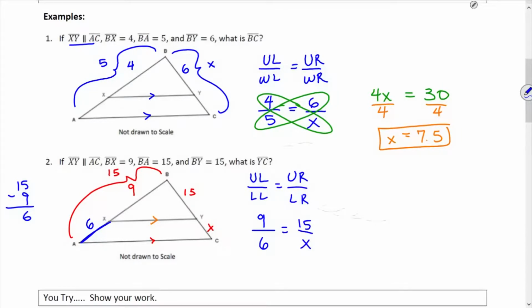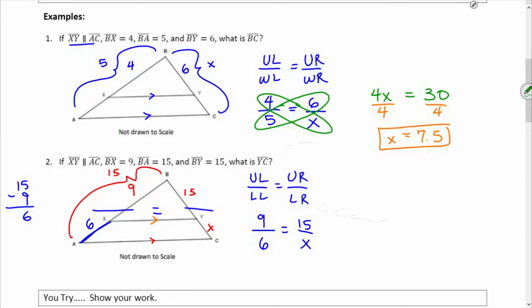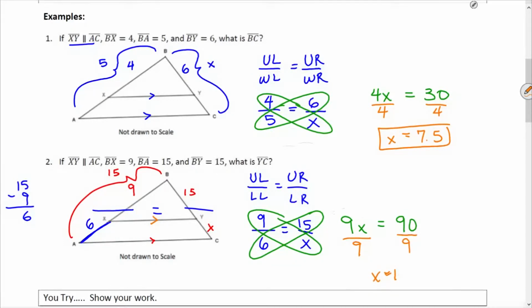Once we have a proportion, we can solve it by cross multiplying. 9 times x is 9x. 15 times 6 is 90. Then to solve this, we'll divide both sides by 9 to get x by itself, and x equals 10.